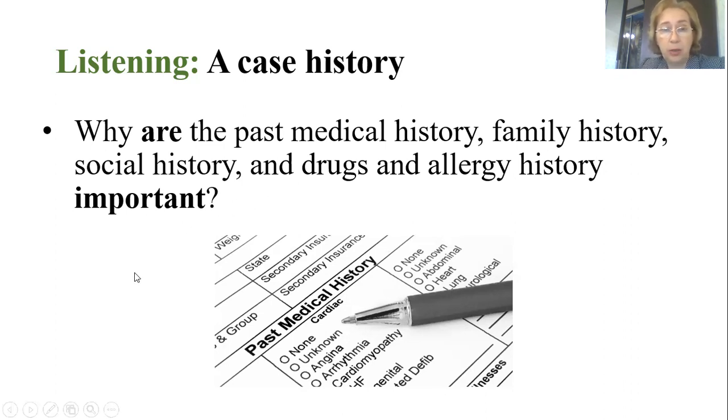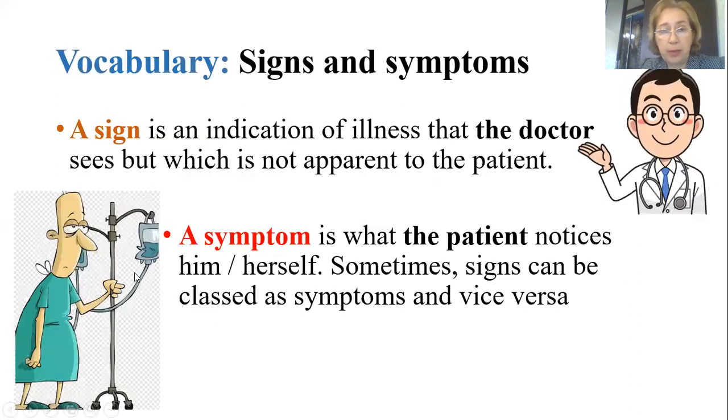Well, very good answers. Thank you. And if we move to the next slide, here is the information about signs and symptoms. Let us differentiate these two words and understand the difference between them.